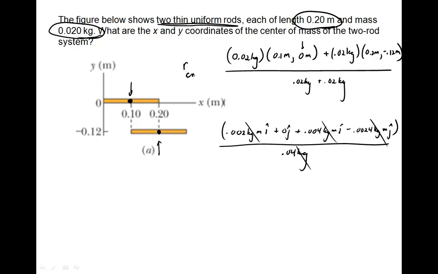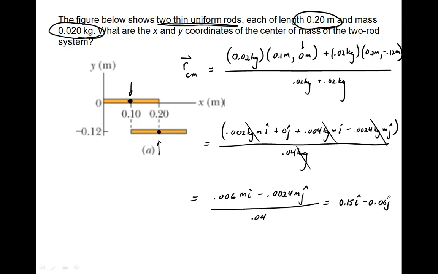This is all the position of the center of mass. So I'm going to have 0.006 meters in the i minus 0.0024 meters in the j, all over 0.04. And that's going to equal 0.15 in the i minus 0.06 j. And that's all meters.